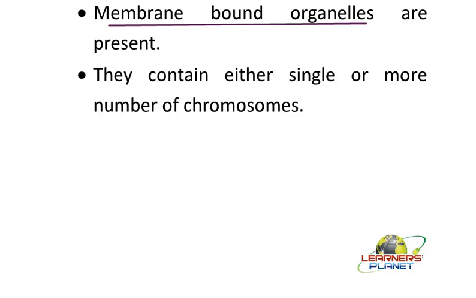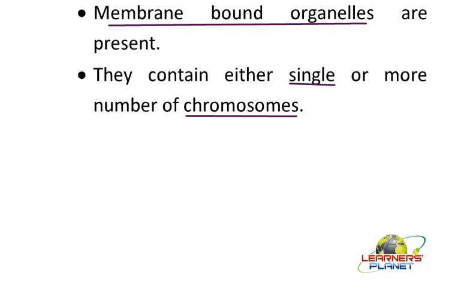Besides this, eukaryotes contain more than a single chromosome. If it is a unicellular organism, then they may contain a single chromosome. But if it is multicellular, then the number of chromosomes is more than one. Can you think of the reason now?